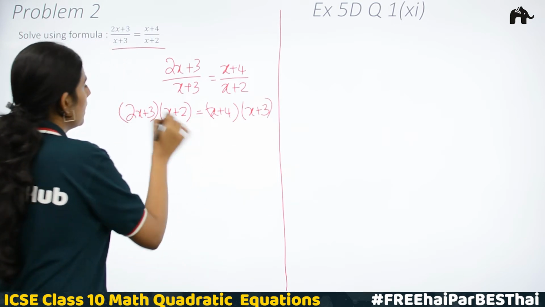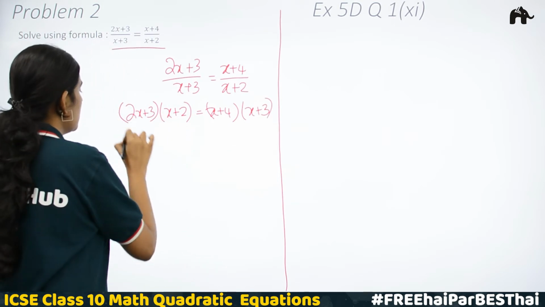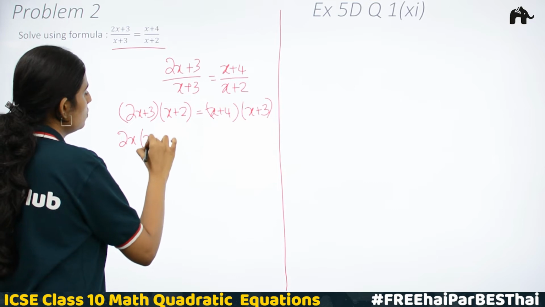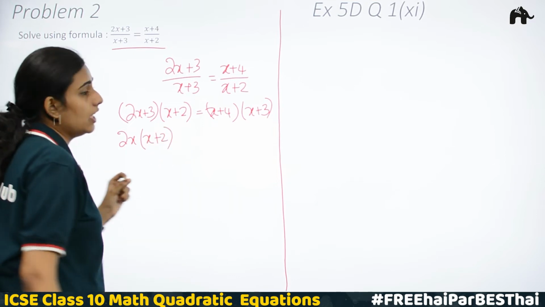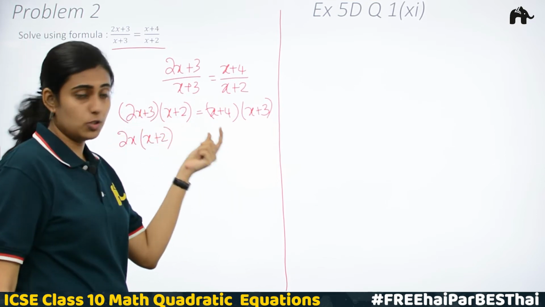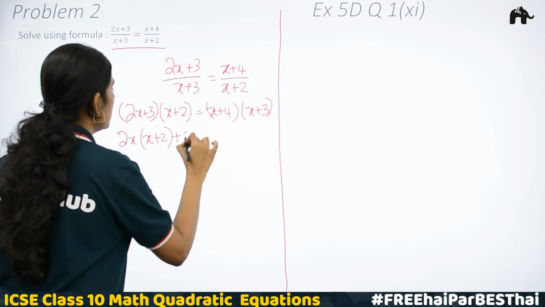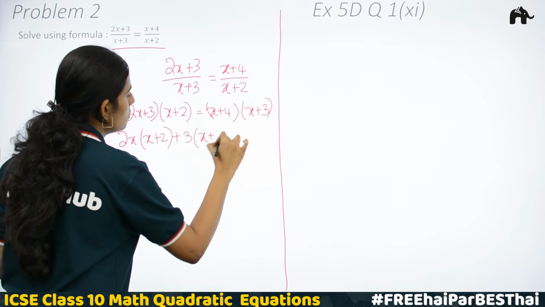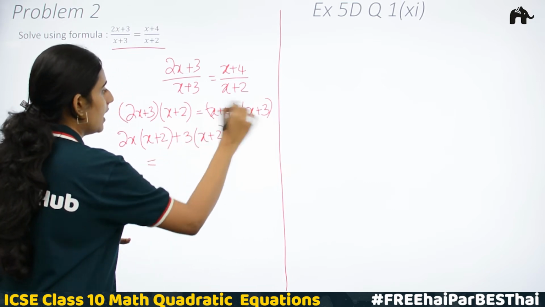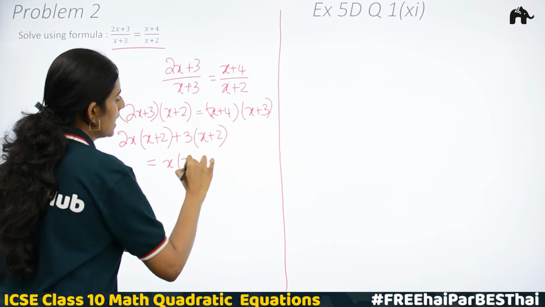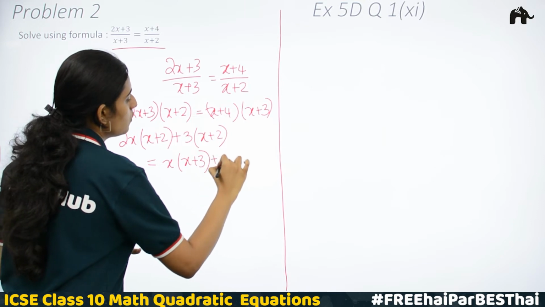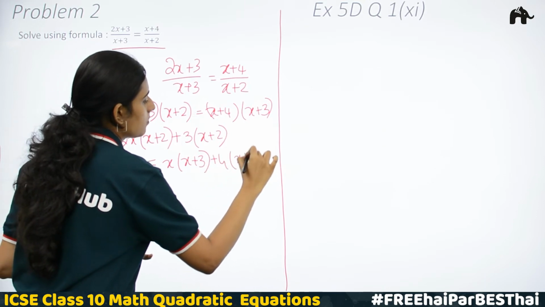Okay. Now, this is 2x into x + 2. We are distributing: 2x into (x + 2) plus 3 into (x + 2) is equal to, again, x into (x + 3) plus 4 into (x + 3).